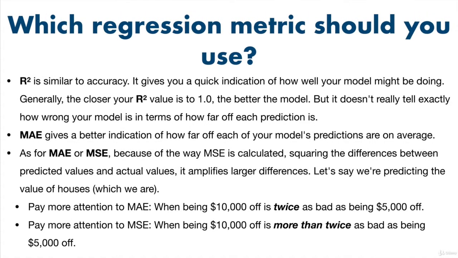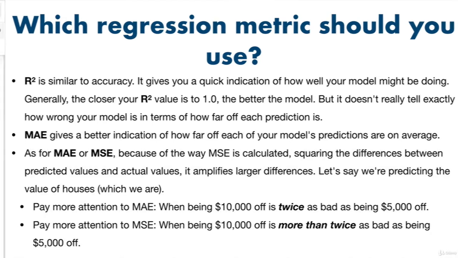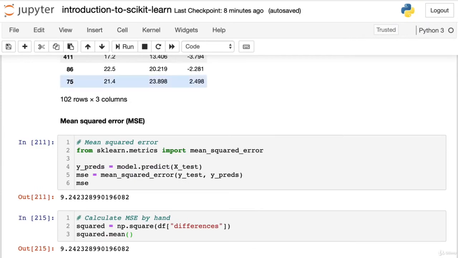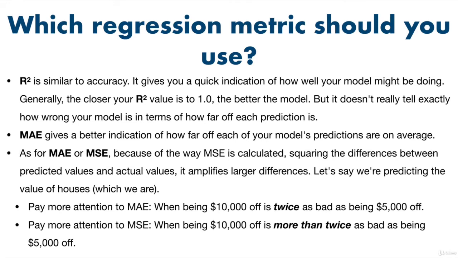And so we come back here. Now, it can get a bit confusing which to use between mean absolute error and mean squared error. Well, because of the way mean squared error is calculated, as we saw by calculating it by hand, we squared the differences and then took the mean, instead of just taking the absolute differences. Squaring the differences between predicted values and actual values amplifies larger differences. So you could imagine if we had a difference of, say, 10 and we squared that, that's now a difference of 100, and we're taking the average of that. Let's say we're predicting the value of houses, which we are.